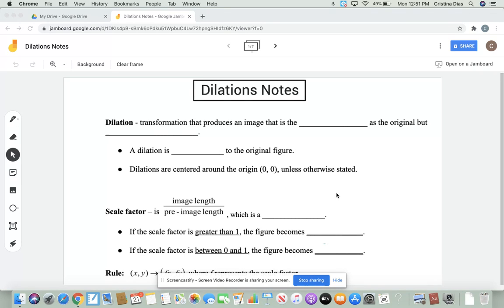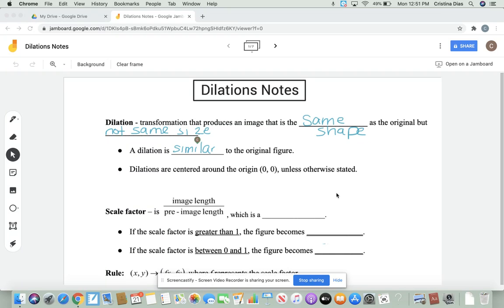Dilations are a transformation that produces an image that is the same shape as the original, but not the same size. A dilation is similar to the original figure.